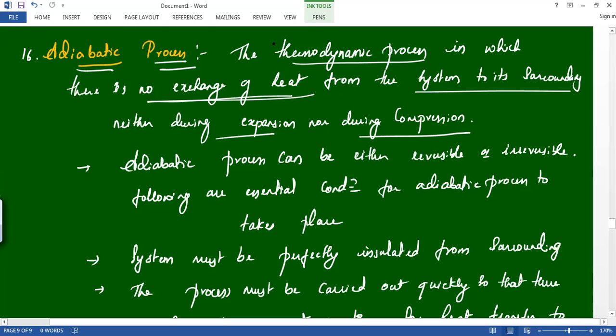Once again, it is a thermodynamic process in which no heat is exchanged between the system and its surroundings, neither during expansion nor during compression.